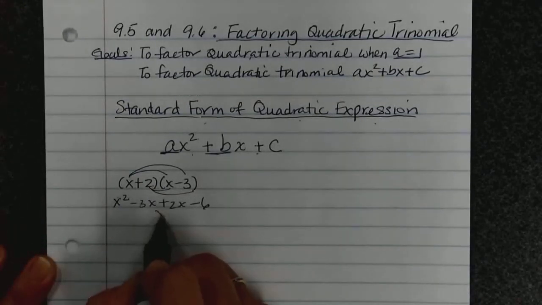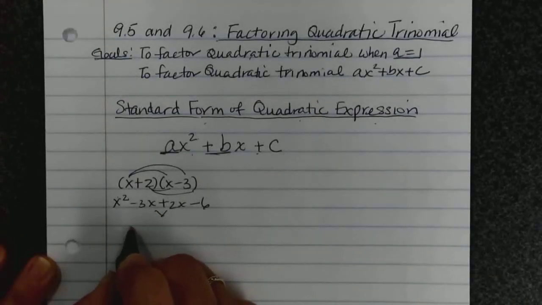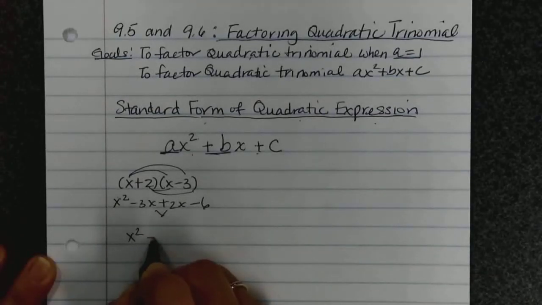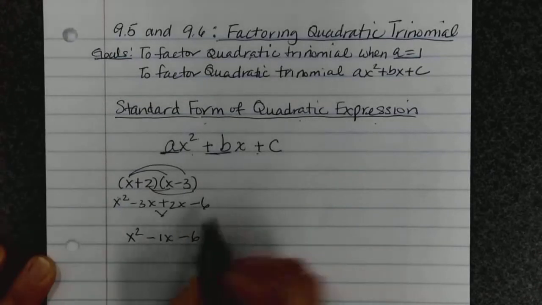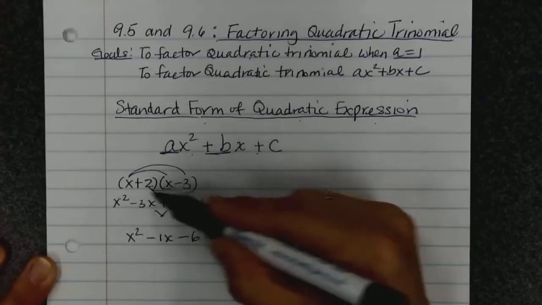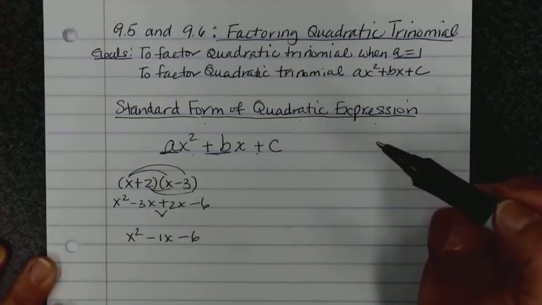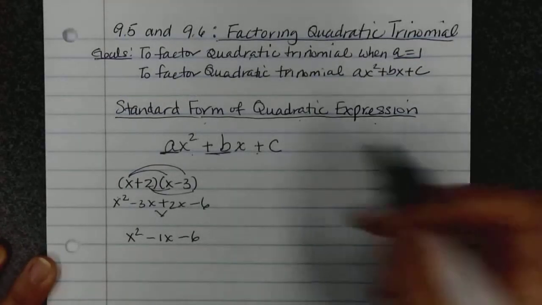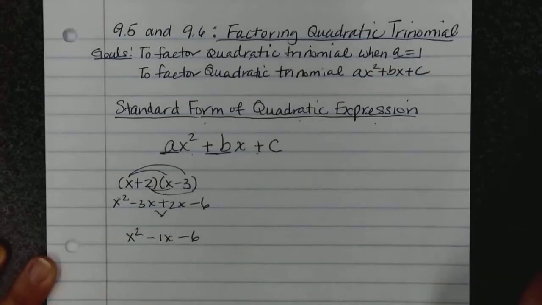We know that these two are my like terms, so what I end up with is x squared minus 1x minus 6. So this is what we get when we multiply two linear binomials together.